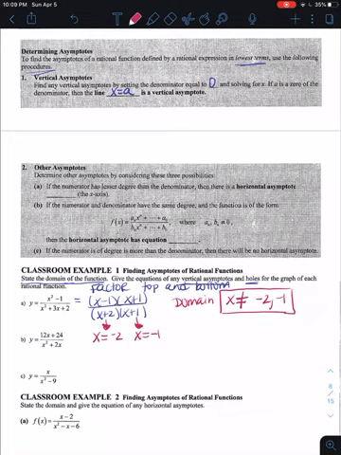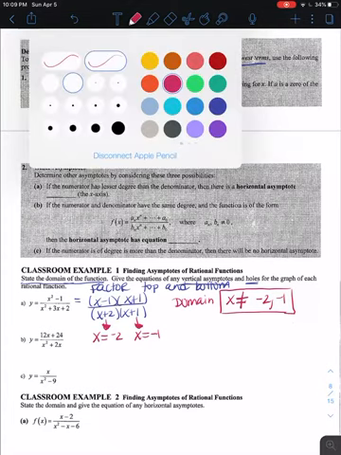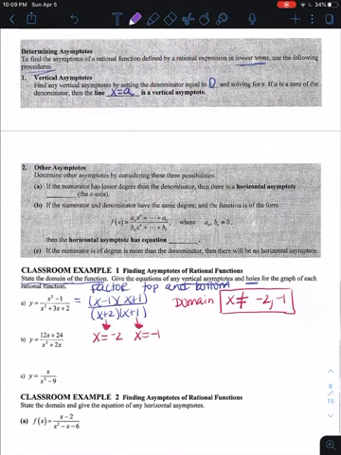Well, these two numbers represent something. These two numbers are excluded from your domain, but they either represent a vertical asymptote or a hole in the graph, if it cancels out. So when I go back and look at this problem, I have an x plus 1 at the top and an x plus 1 at the bottom. Because the x plus 1 cancels out, which goes with x equals negative 1, this means that x equals negative 1 is going to actually be a hole in the graph.